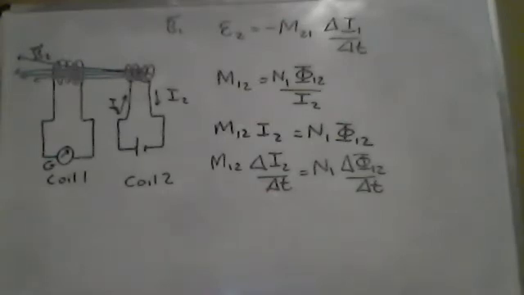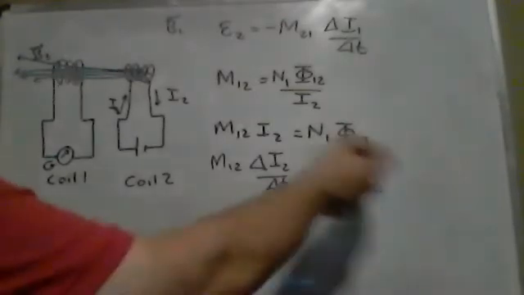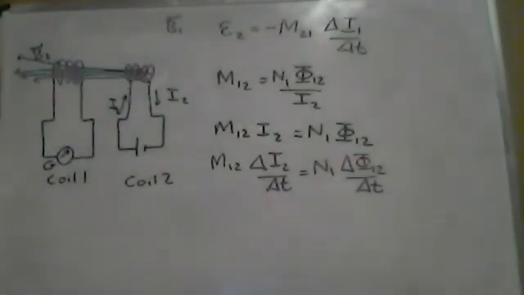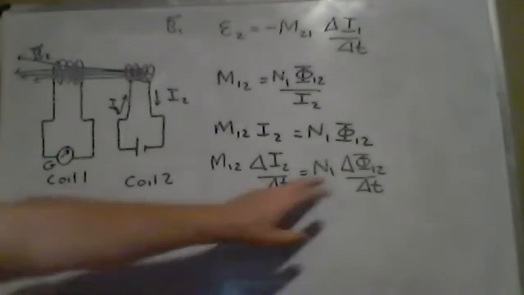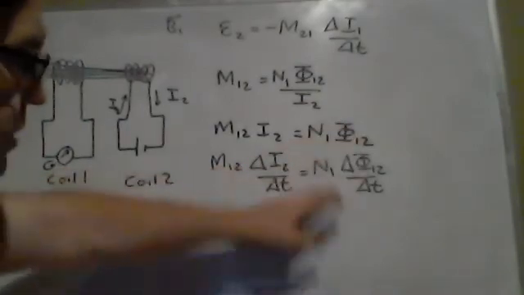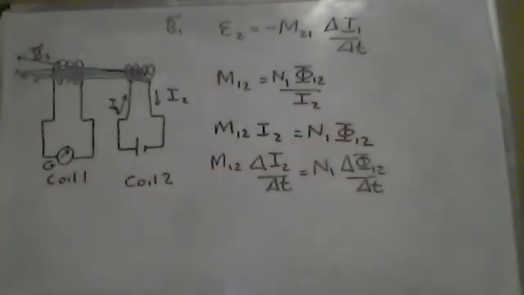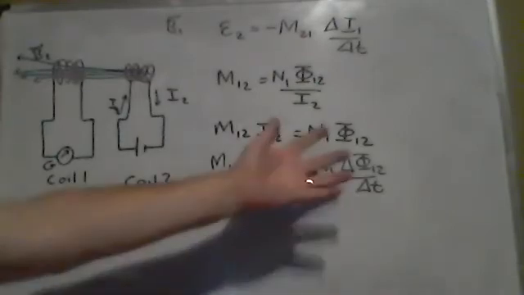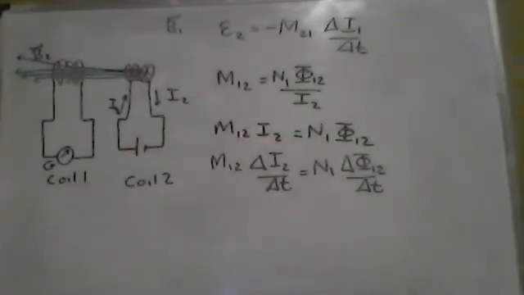All right, and so by the same token, look at this. This is Faraday's law of induction again. I'm really focusing now on coil 1. I have N1 turns, and there is this time rate of change of the magnetic flux in coil 1. Well, that's going to be Faraday's law of induction, except for that negative sign.